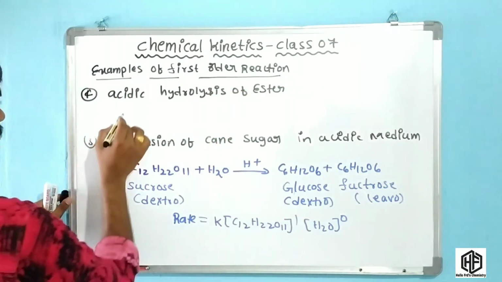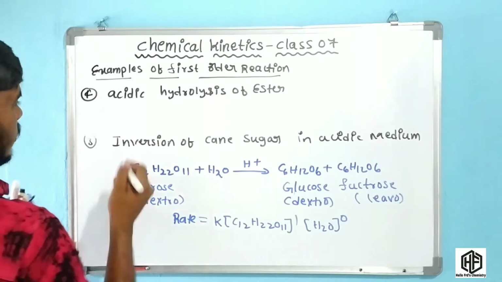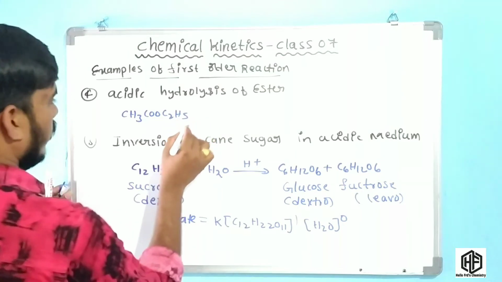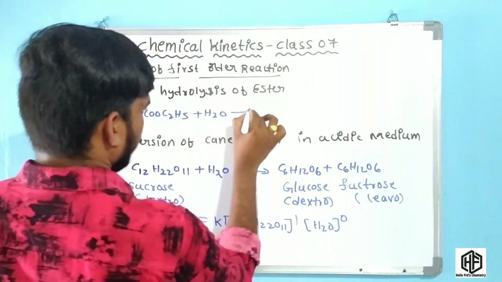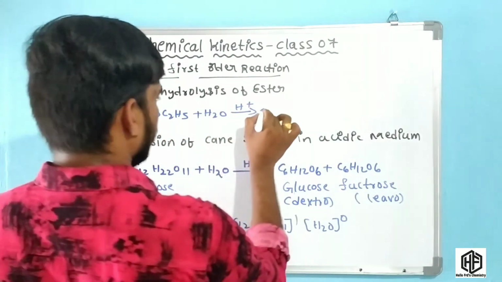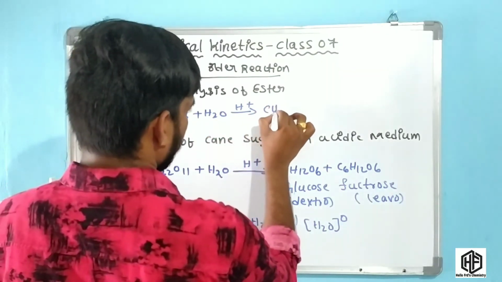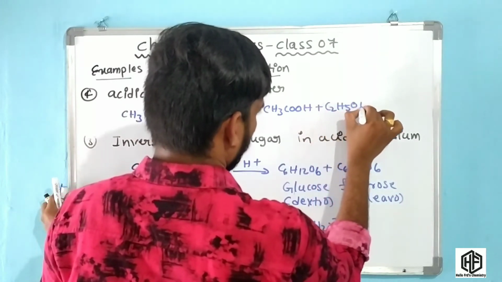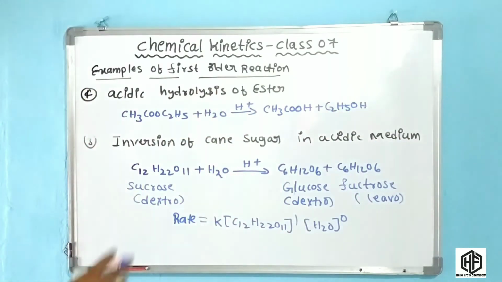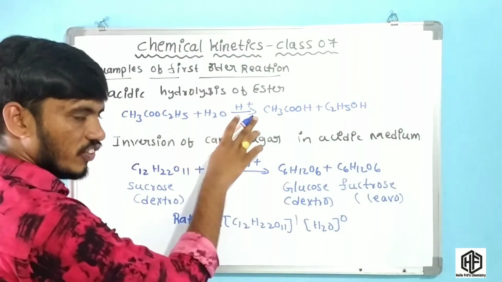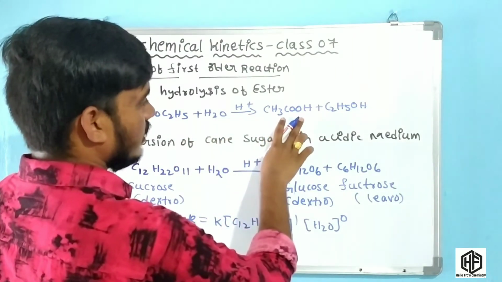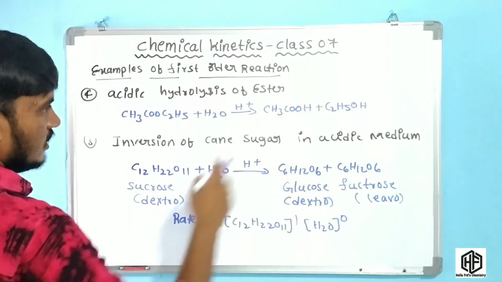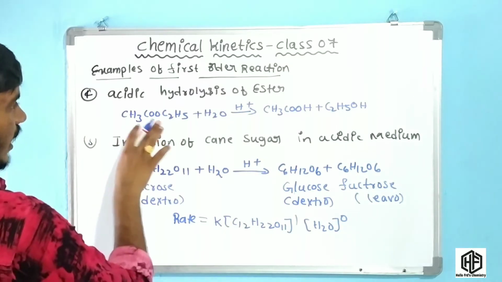Acidic hydrolysis of ester: CH3COOC2H5 plus H2O gives, in the presence of acidic medium H+, CH3COOH plus alcohol C2H5OH. The ester reacts with water in the presence of acidic medium to form acetic acid and ethyl alcohol, and acids and alcohols are formed in ester hydrolysis.